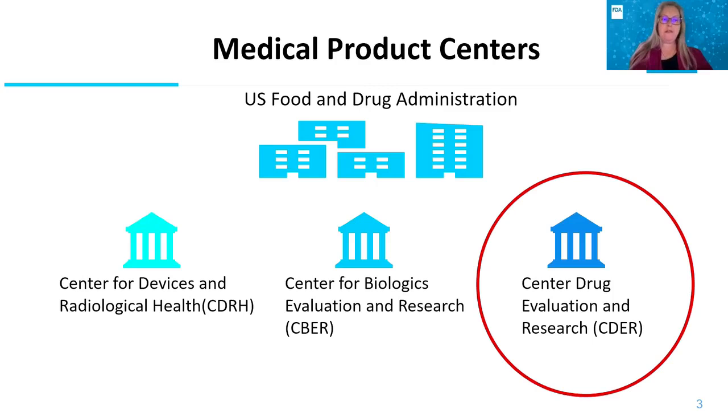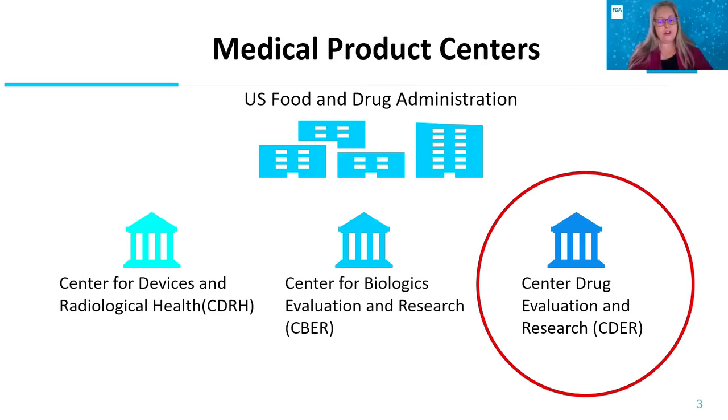They have specific regulations related to their approval and clearance processes. They clear devices as opposed to approve them, and so their regulations are different than the regulations for both drugs and biologics, which follow the same regulations.